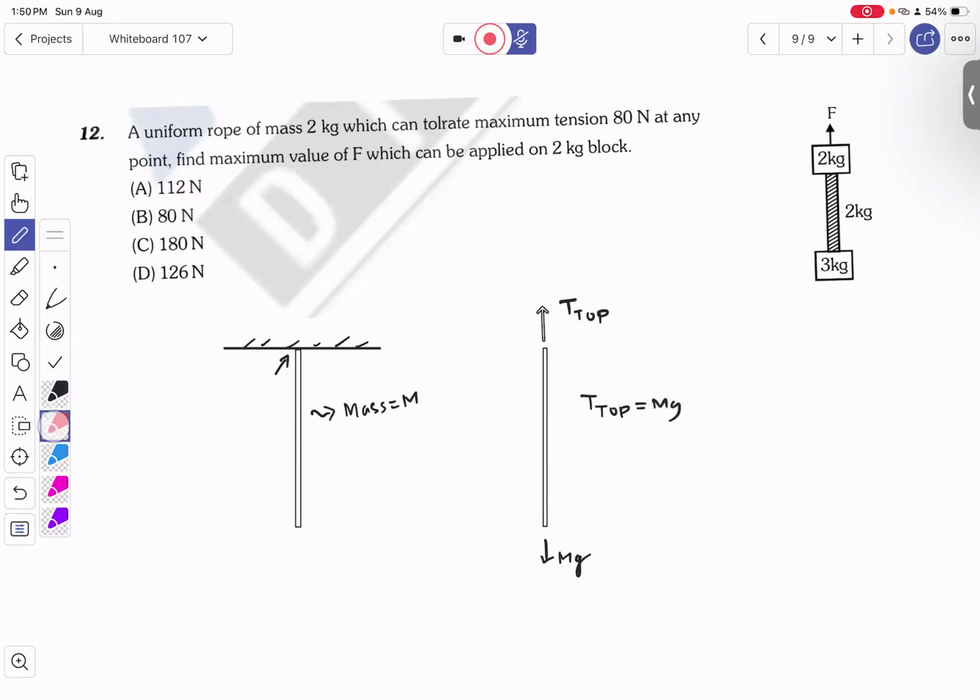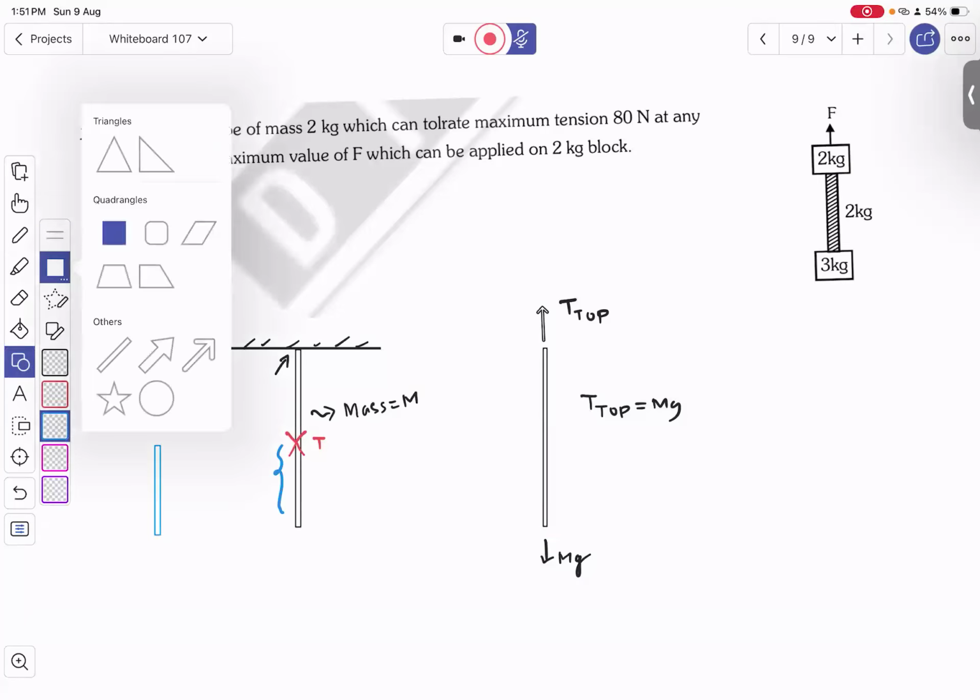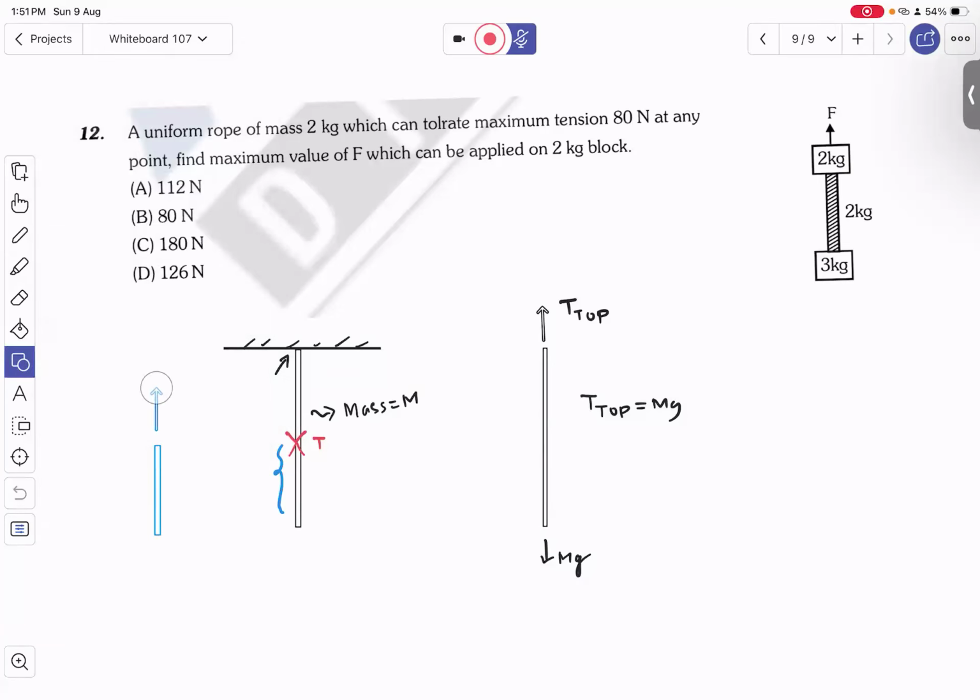Now if I ask you what tension we are going to have at the middle of the rope, maybe I call it T. And if I draw the diagram of this below part, how will tension be drawn on it? Upward. And what will the mass of half the rope be? This length is L by 2, half length, and the rope is uniform, so it is going to have half the mass, mg by 2.